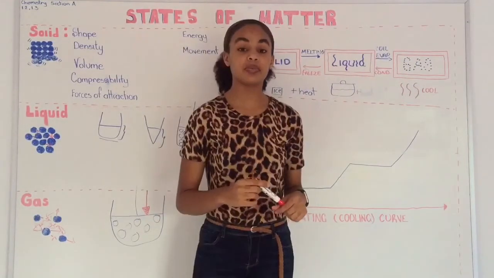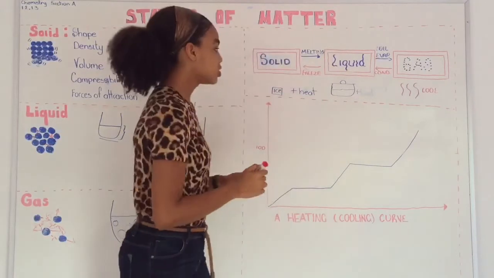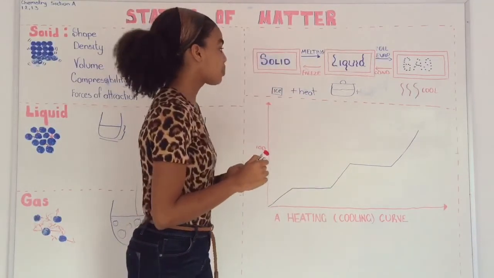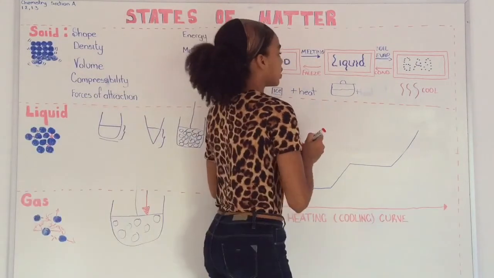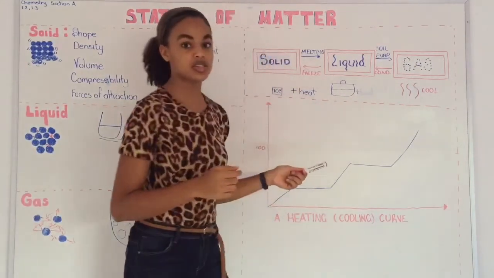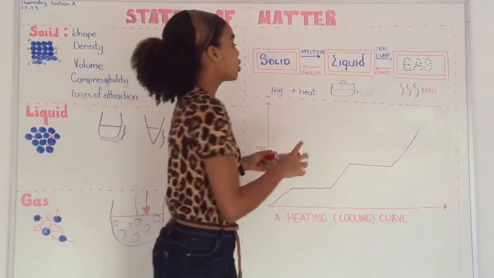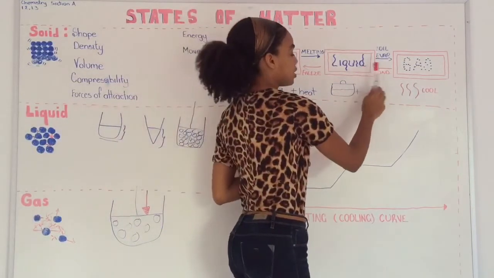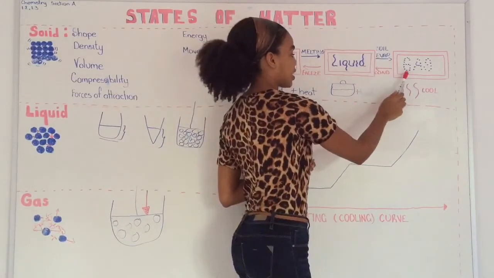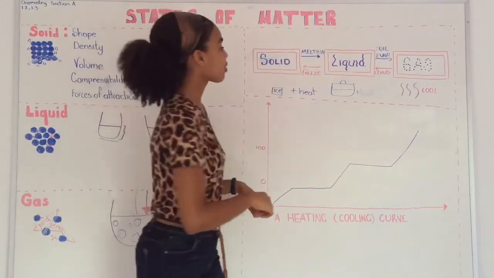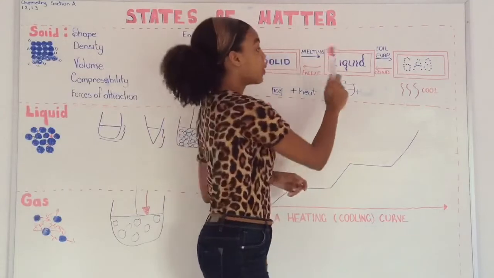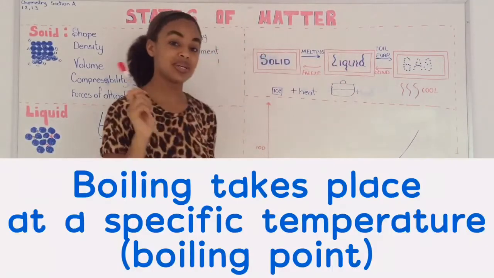Oh, before we move on to the heating or cooling curve, it's important that I identify the difference between boiling and evaporation. Essentially, evaporation can occur at any temperature. It could be 0 degrees Celsius, it could be 50 degrees Celsius. You can convert a liquid into a gas by evaporation at any temperature. However, boiling occurs at a particular temperature.